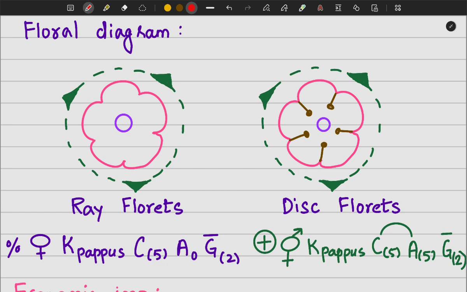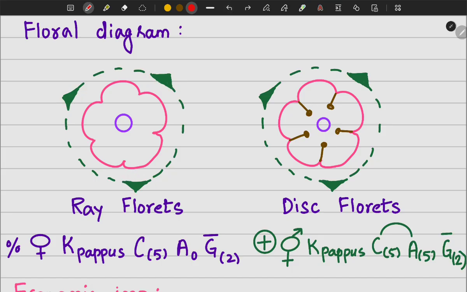So since the calyx is pappus in both of these florets, we draw the calyx using these dotted lines like this, which shows the pappus calyx. And we draw the symbol for the calyx here or there, 1 or 2 symbols like this.